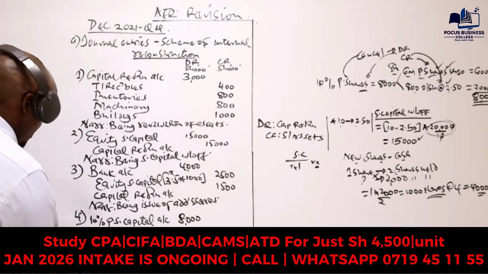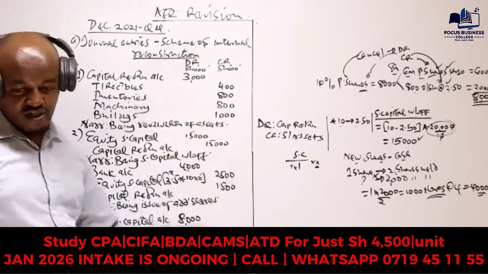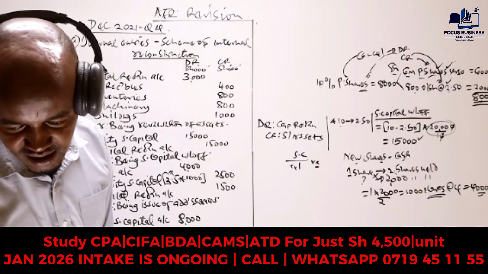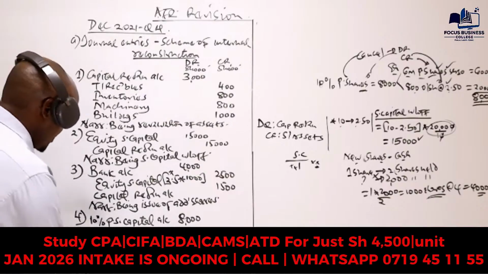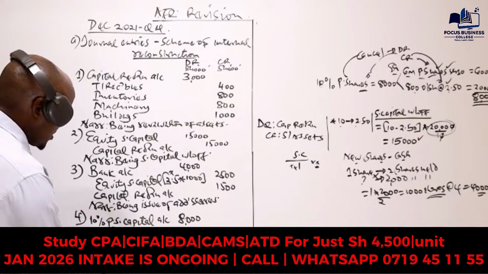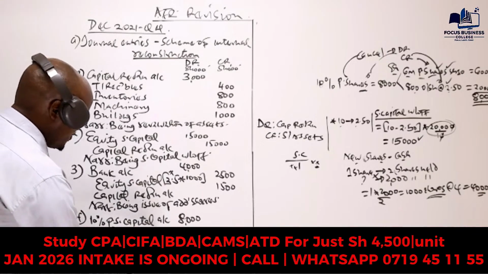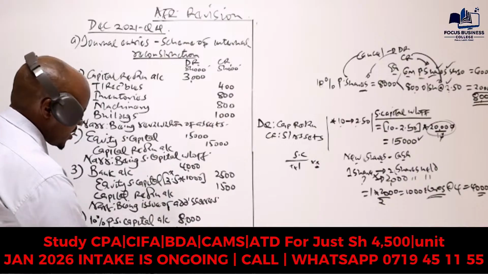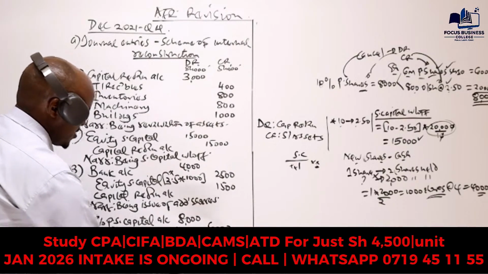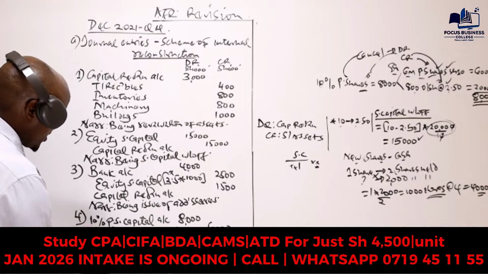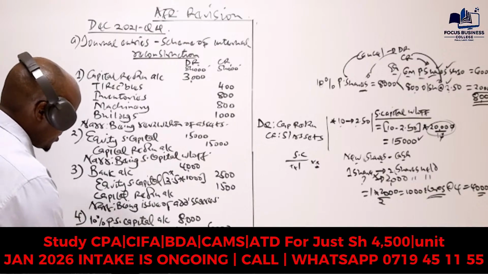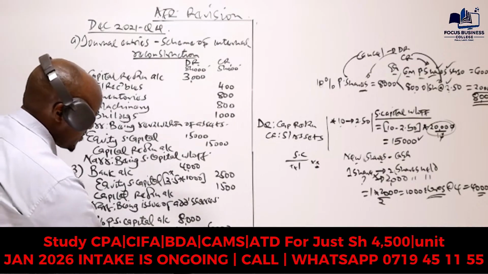And then we credit these preference shares which were issued. They were 15%. We credit the 15% preference share capital account with the 6 million, and then we credit equity share capital with an amount of 2,000.